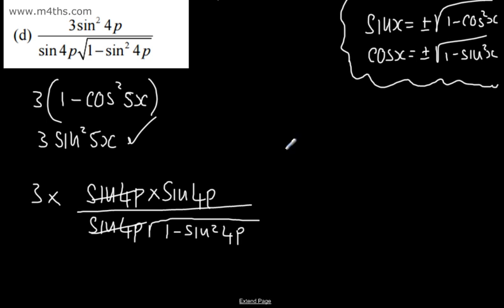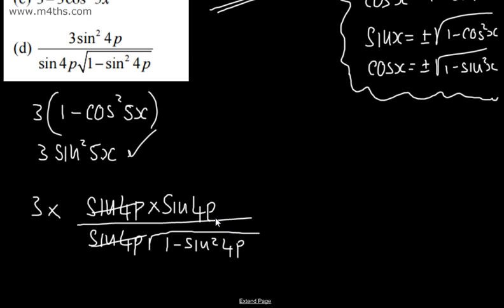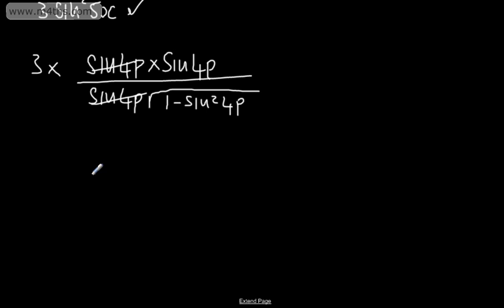Okay, let's look at this. We've got 1 minus sine squared of 4p. We could write this now as cos of 4p. All I'm doing is simply using this one: 1 minus sine squared 4p, the square root of that is going to give me cos 4p. So we end up with 3 lots of sine 4p over cos 4p.